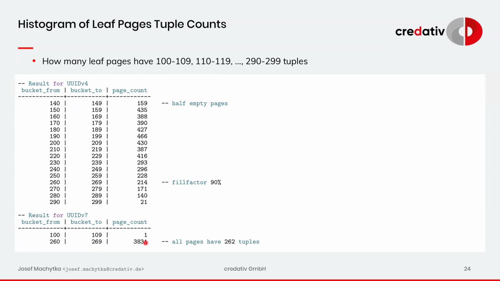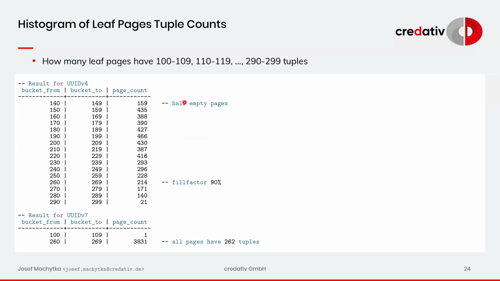Practically all pages are in one bucket because they all have those 262 tuples per page, meaning fill factor 90% is used here, and only that one last page has 109 tuples and therefore is in that first bucket. But when we look at the index for UUID version 4, we can see how badly this index is actually used.